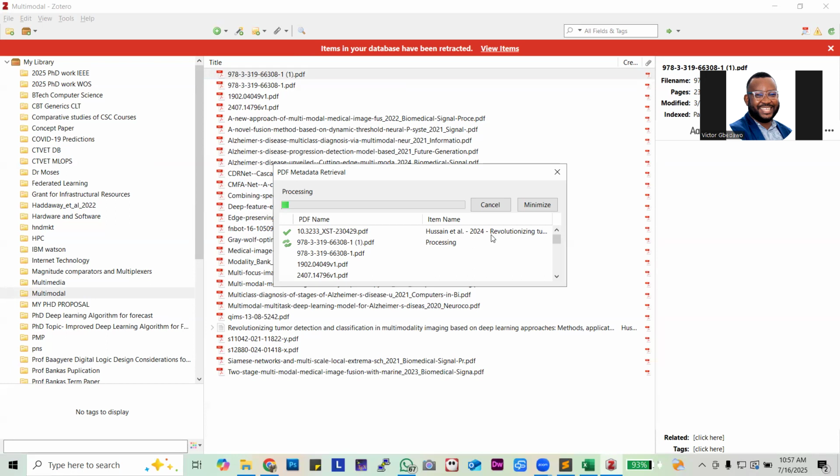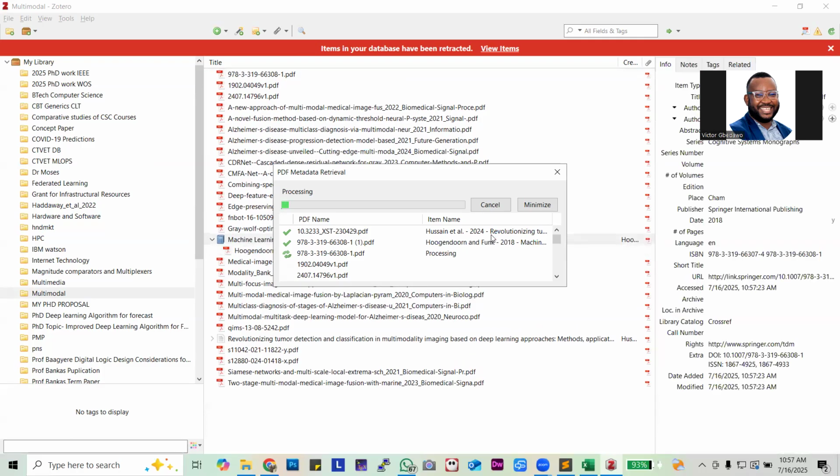They did the paper. So it will go through the internet and then locate the metadata, meaning the authors and their document object identifiers, DOIs. So it's retrieving that data.